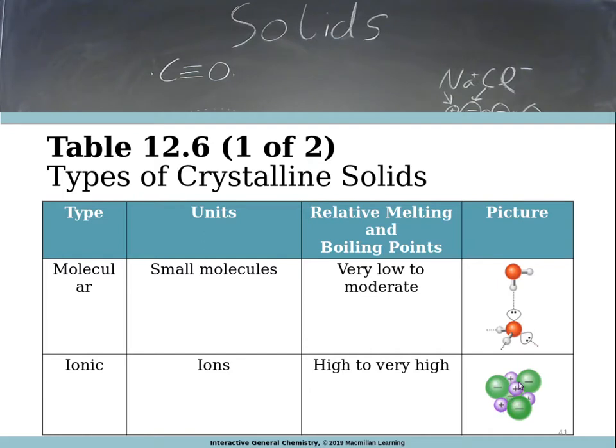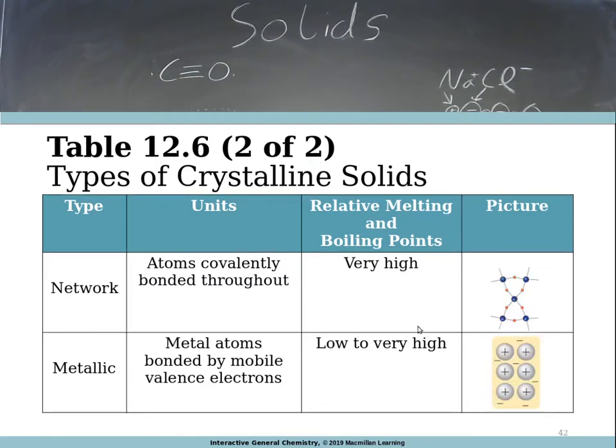Ionic compounds are composed of ions, ionic bonds, and they have high melting points. Covalent network solids, here we have a picture of silicon oxide at the microscopic level, and they have very high melting points. And then a metallic bond. Here we're starting to see a picture of what a metallic bond might look like.